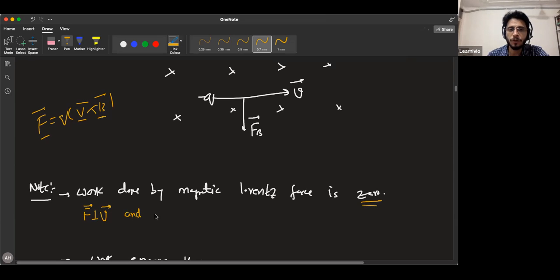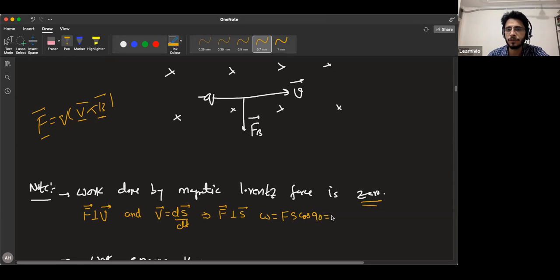The velocity of the charged particle, v, is ds over dt, the rate of change of displacement. So if force is perpendicular to velocity, force is also perpendicular to displacement. Work done is Fs cos 90.